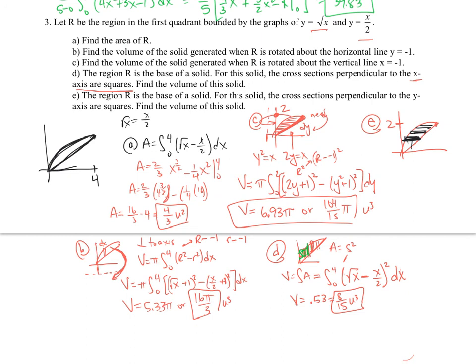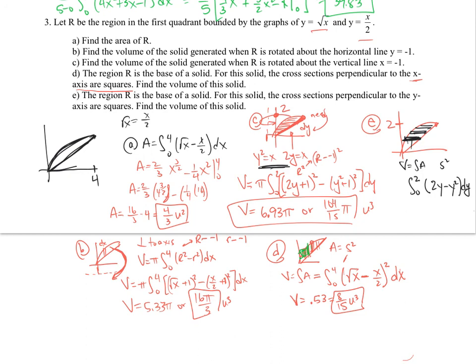So in this case the volume is the integral of the area, same thing, side squared. We're going to deal with 0 to 2. This time I need the right curve minus the left curve, in terms of y, just like we did over here. So this will be 2y minus y squared, squared, dy.